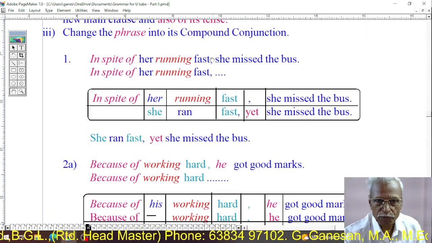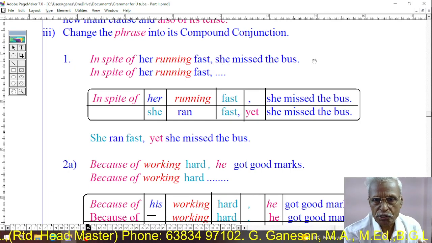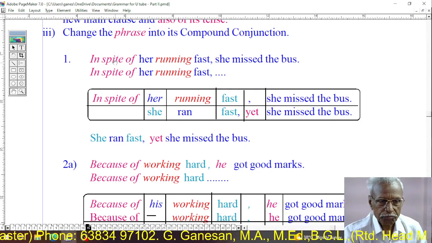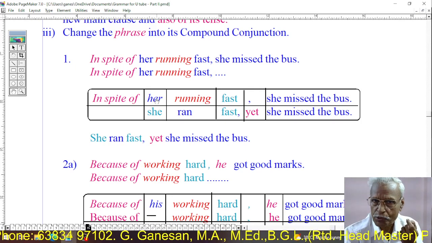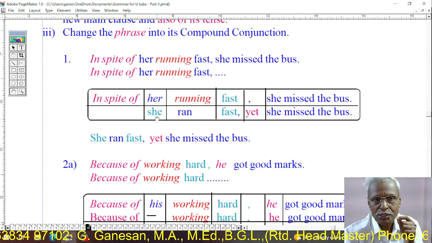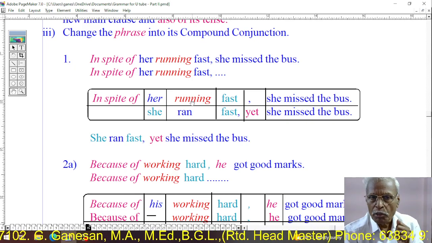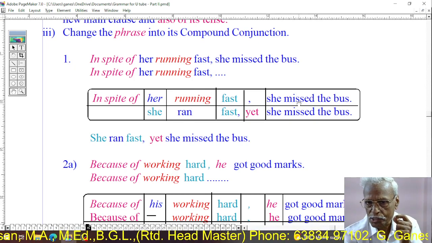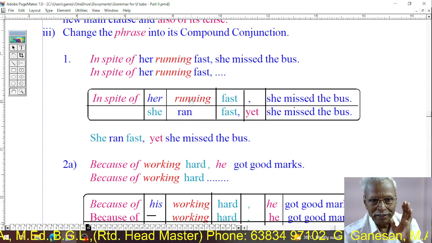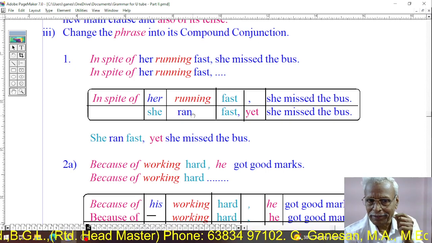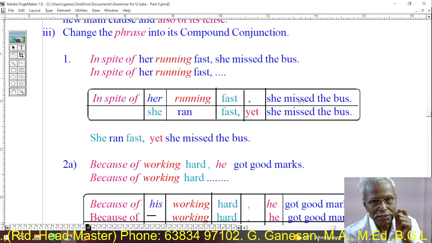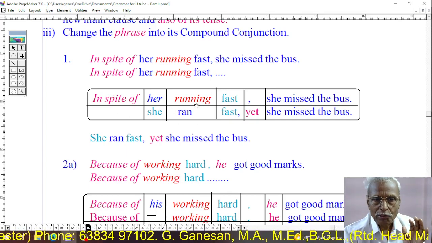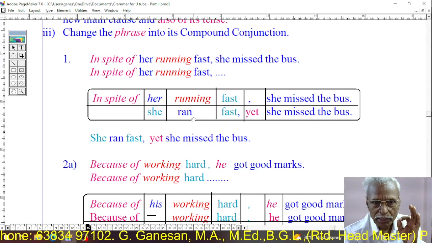In spite of her running fast, she missed the bus. "In spite of her running fast" is the phrase. Here first we change the possessive into the subject, then the present participle into a verb. Running becomes run, and since the tense of the main clause is simple past, it becomes "ran." In spite of her running fast, she ran fast.